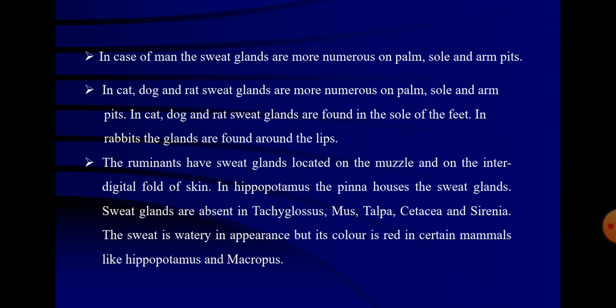In cat, dog, and rat, sweat glands are found in the sole of feet. In rabbits, the glands are found around the lips. So sweat glands are not uniform always.